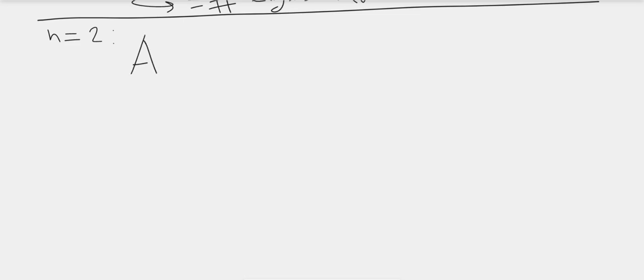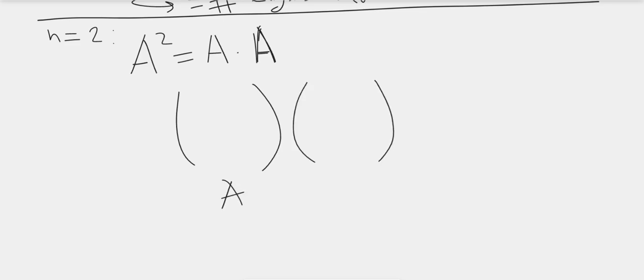So when we have n equal to 2, A squared is basically A multiplied by itself. So how do we multiply two matrices? We have two matrices, each of them is matrix A. We take a row for vertex u and a column in the second matrix for vertex v.